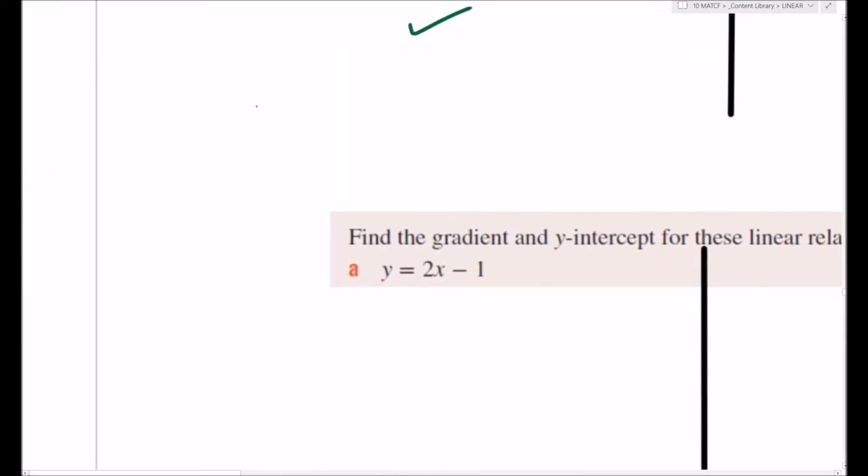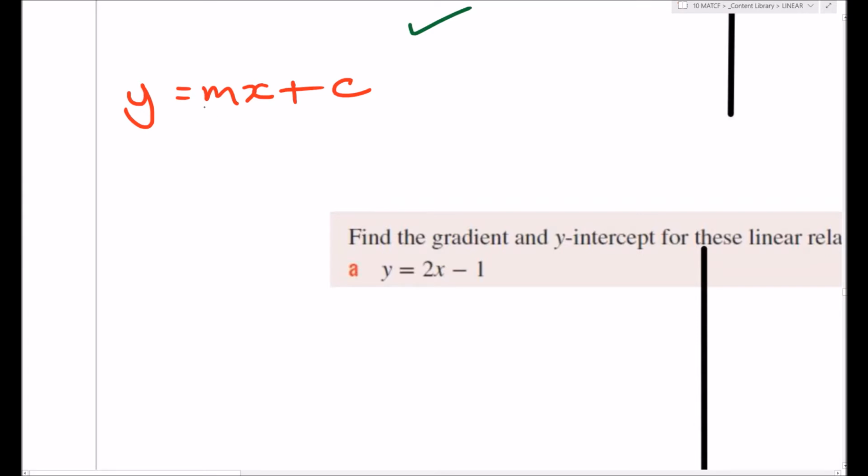Before we start though, I did mention before this formula, which is very important. The good old y equals mx plus c. This formula tells you two important pieces of information that show you how to draw the line.